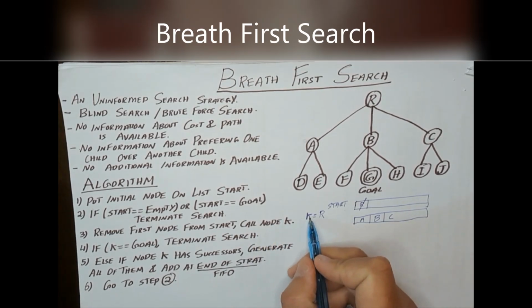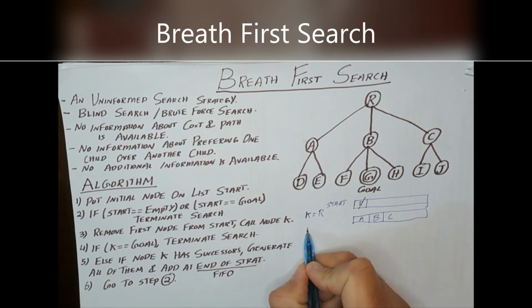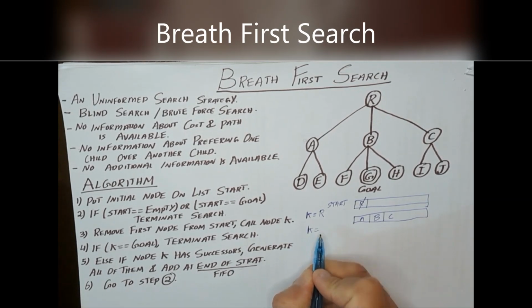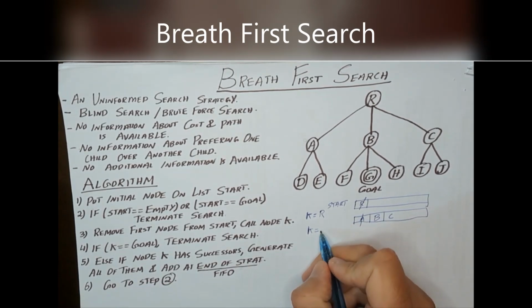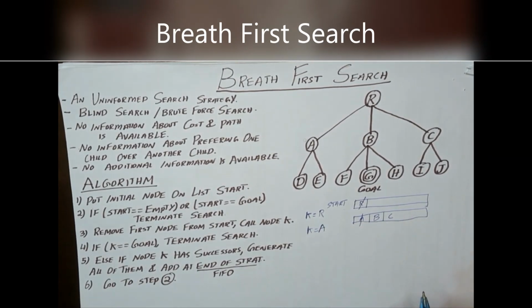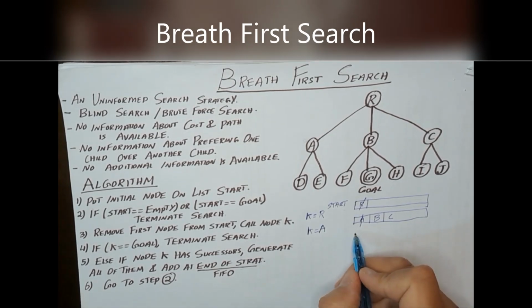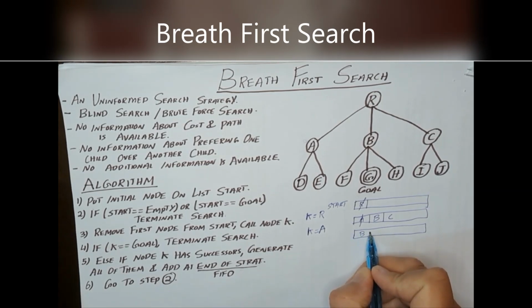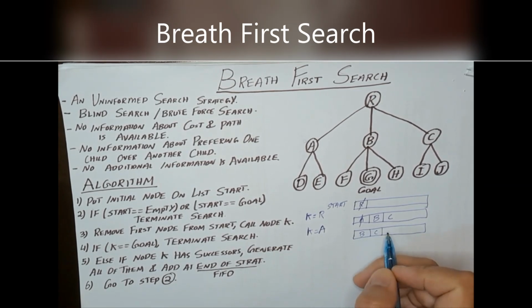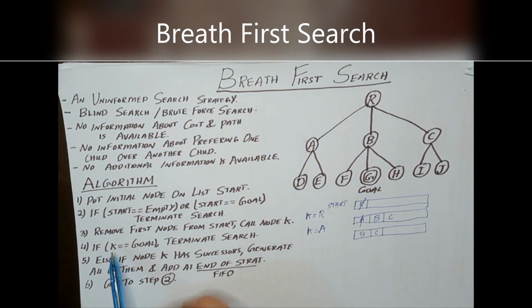Now the value of variable k will be changed and it will get the new value of the first node available in the list, that is A. So now the value of k will be A, and we will be left with just two more nodes in our list, B and C. Now the fourth step asks to see if k is goal, terminate search, but here we have A in k, this is not goal, so we skip this step and move on to the next one.